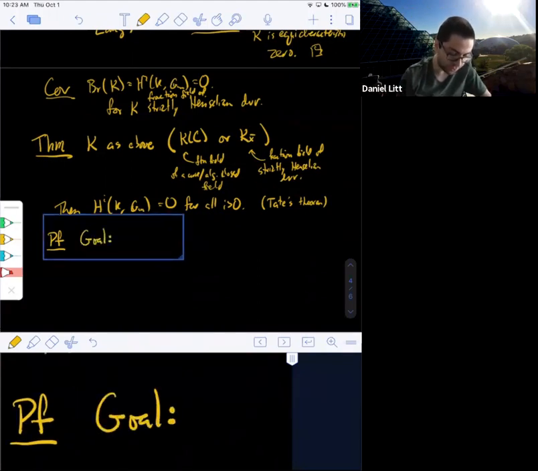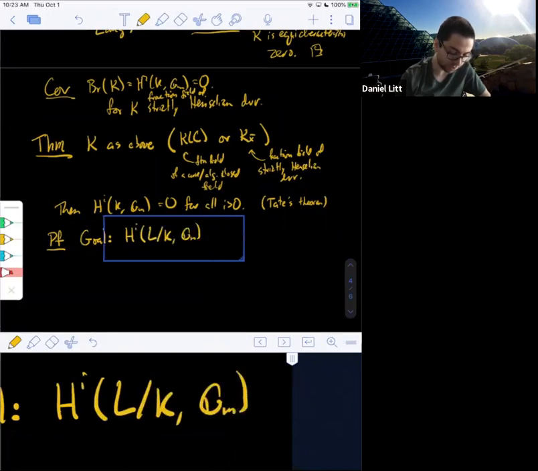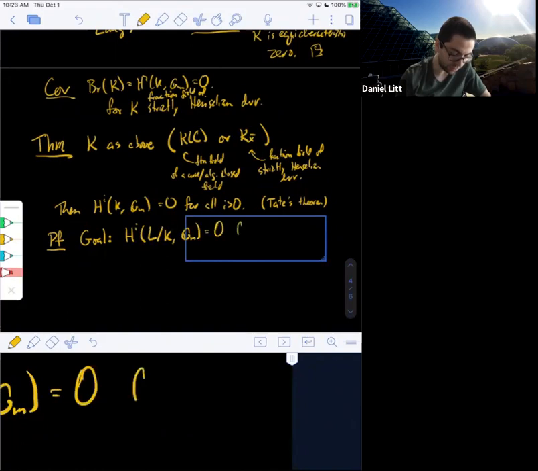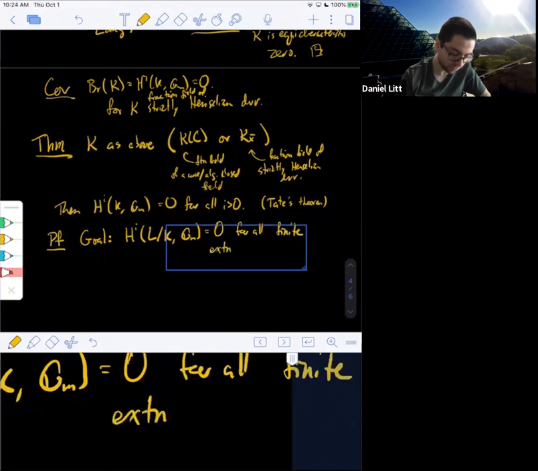will be to prove that H^i(L/K, G_m), and I'll say what this means, equals 0 for all finite extensions L over K. What does this mean?